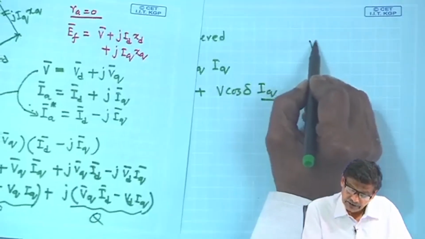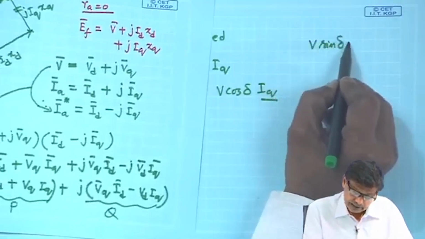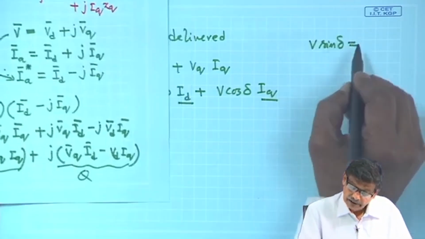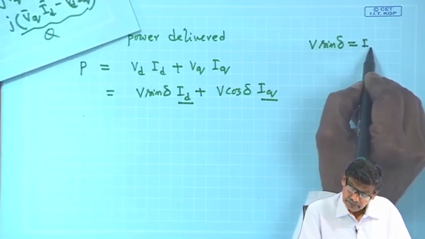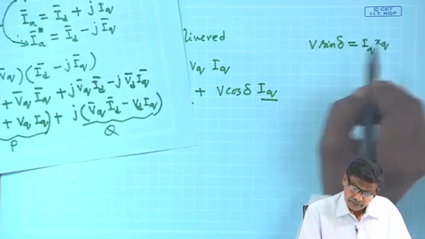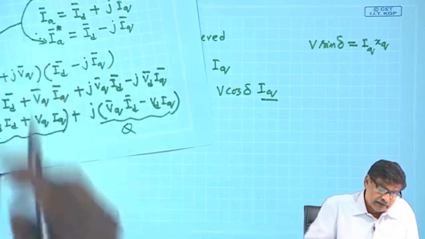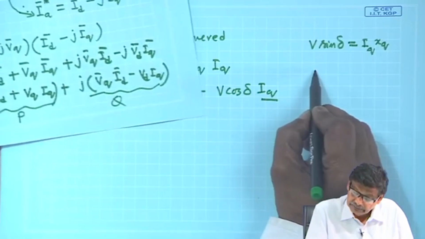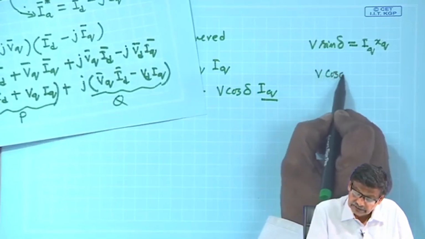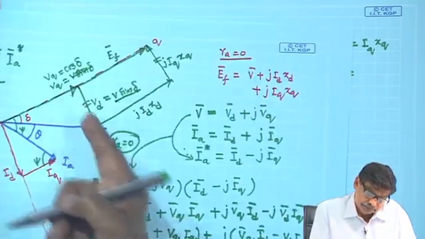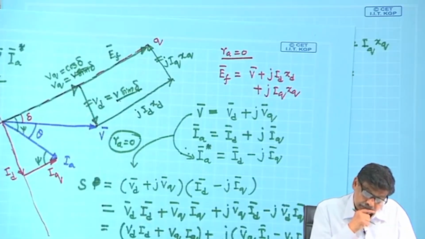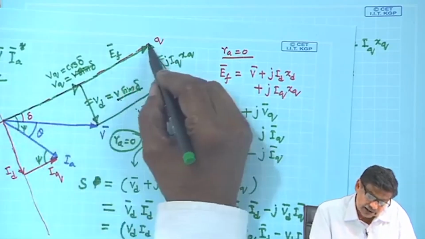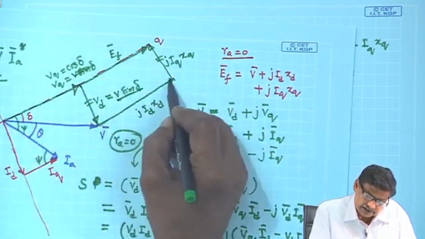So, note that V sin delta is equal to nothing but I_q into X_q, is it not, and V cos delta is equal to E_f minus this length; this total thing is the magnitude of E_f minus I_d X_d.